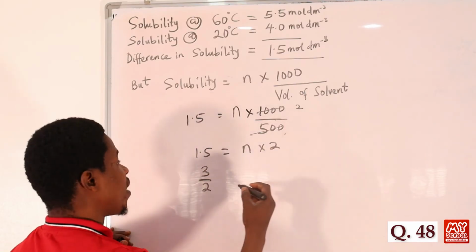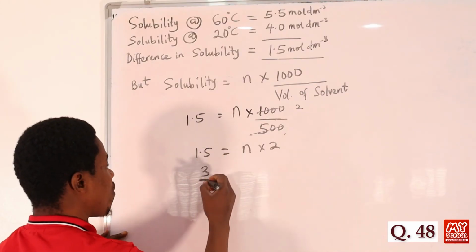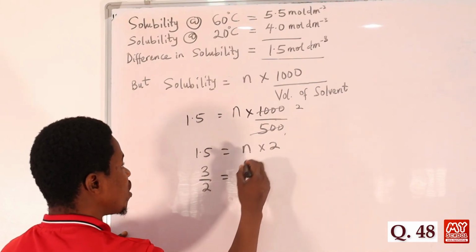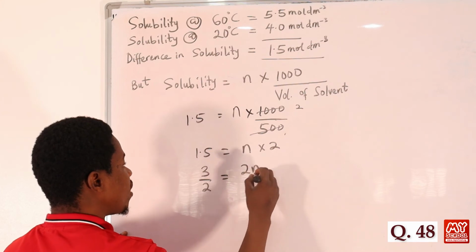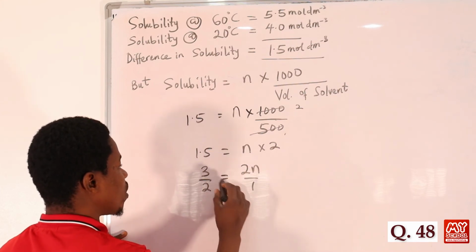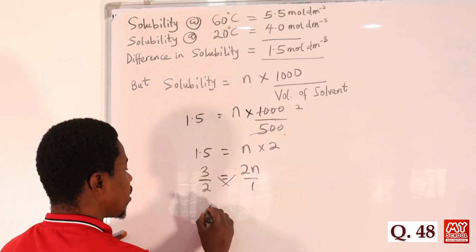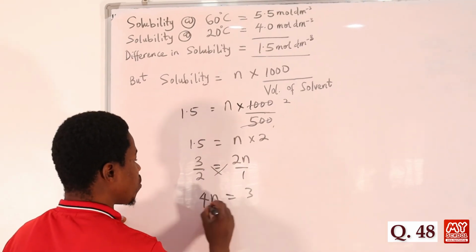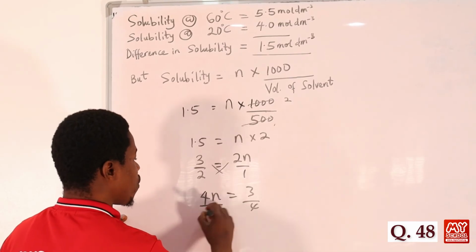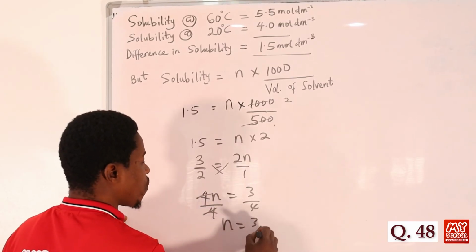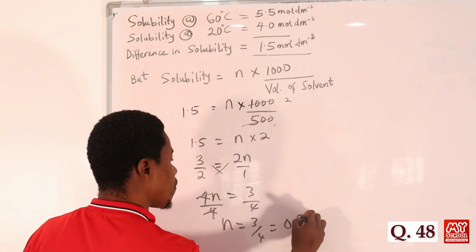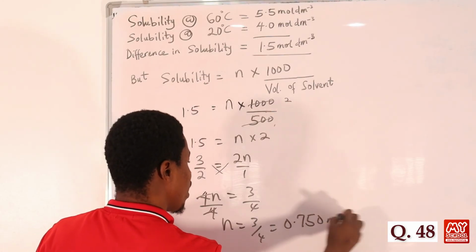So this is 3 over 2 equals 2n over 1. By the time you cross multiply, you have 2 times 2n, that is 4n equal to 3. Divide both sides by 4, n will be equal to 3 over 4, which is 0.750 moles.